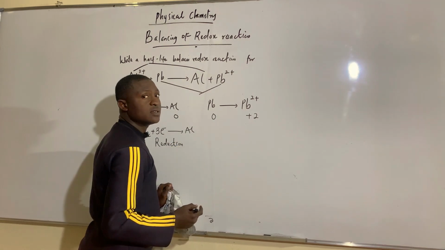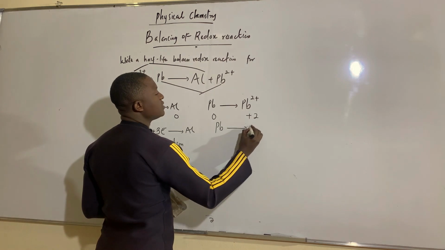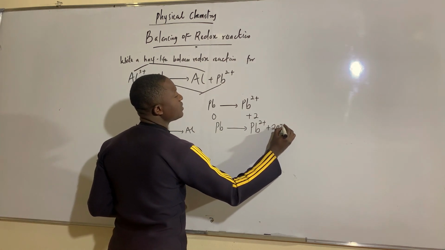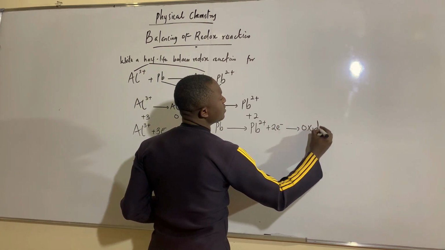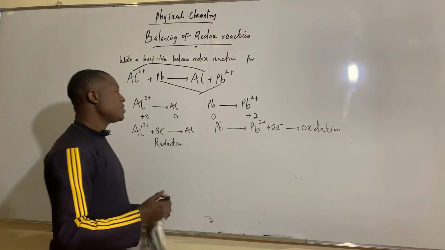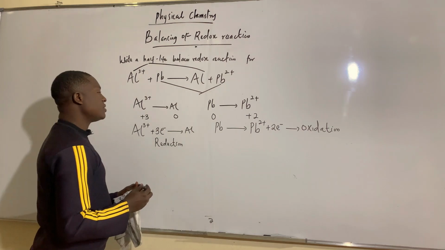Are they balanced? So I need to subtract from here too. That means that we have lead, then lead 2+ plus 2 electron minus. So since we subtract electron from here, this is called oxidation. Can you see that? So this is reduction and this is oxidation.